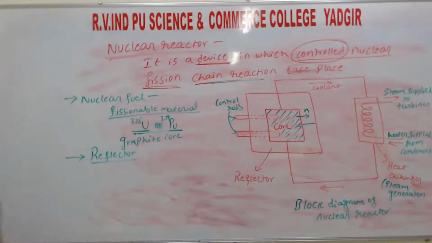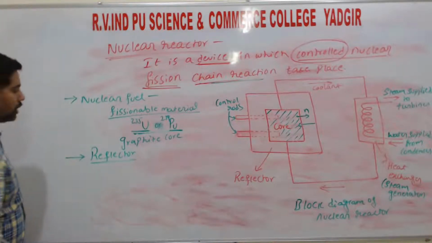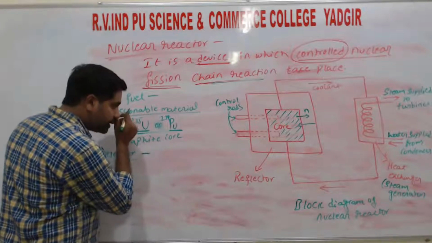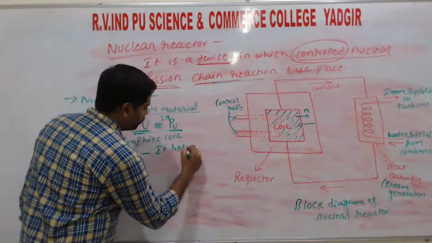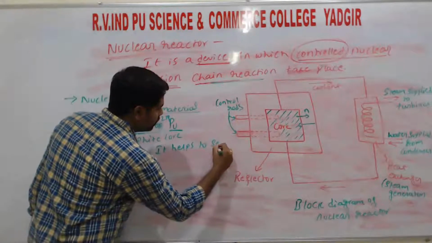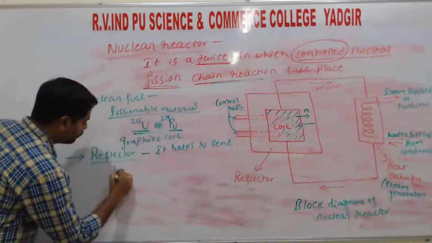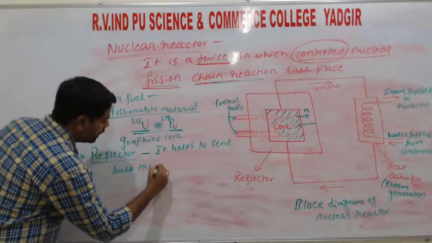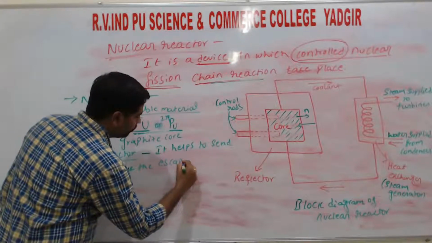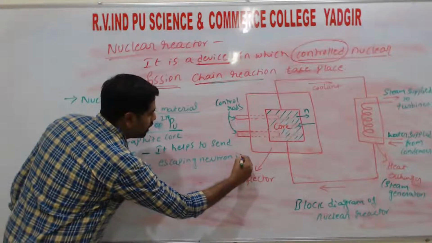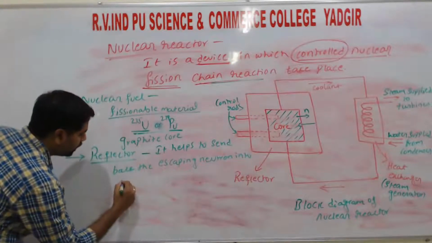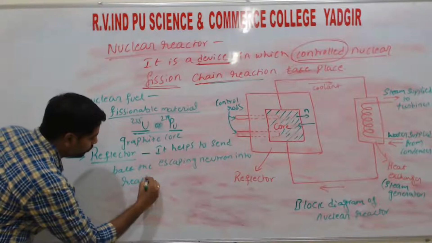So the reflector helps to send the escaping neutrons back into the nuclear reactor, or into the core.